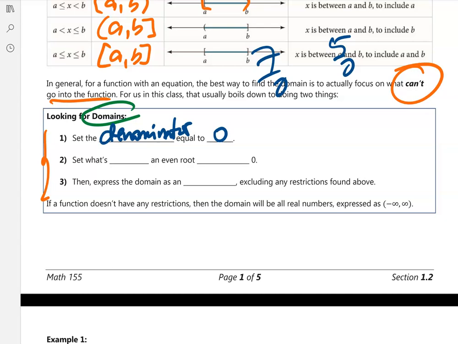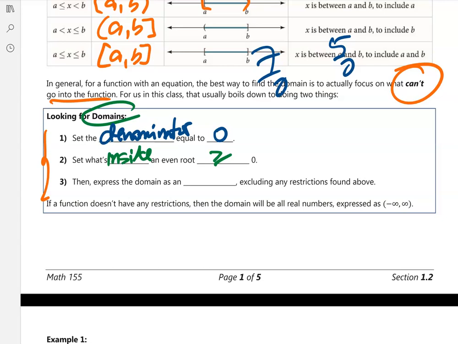Also, set what's inside of an even root to greater than or equal to 0. So always remember, you cannot have an even root of negative numbers.